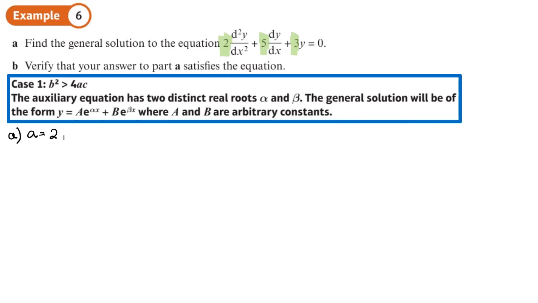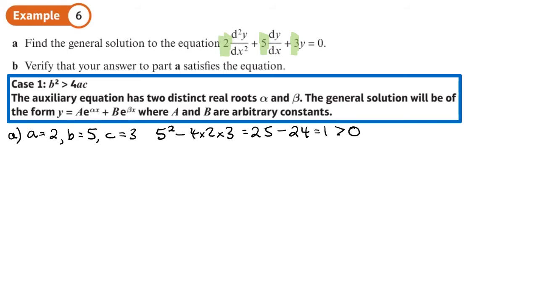A is 2, b is 5, c is 3. So if I work out b squared minus 4ac, that's going to be 25 minus 24, which is 1, which is greater than 0.